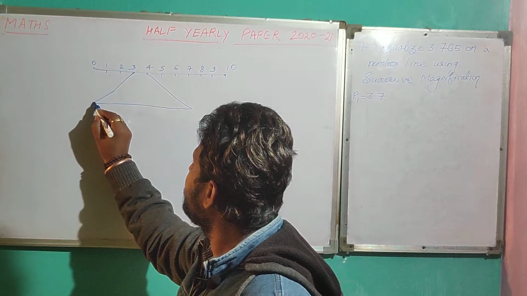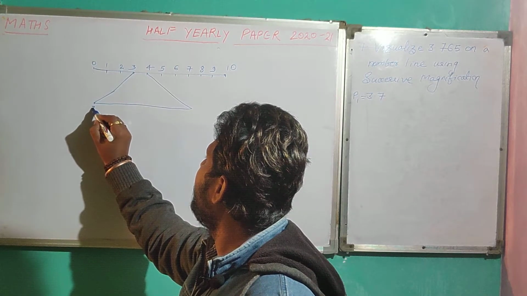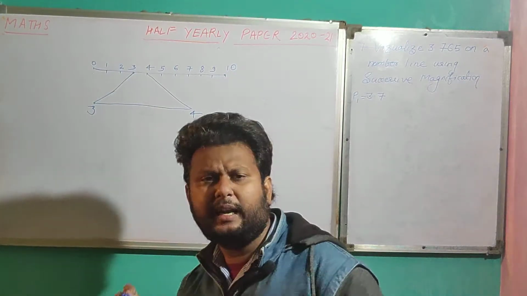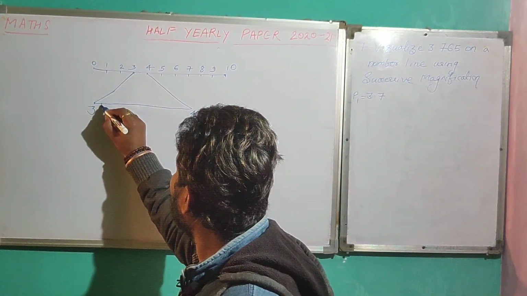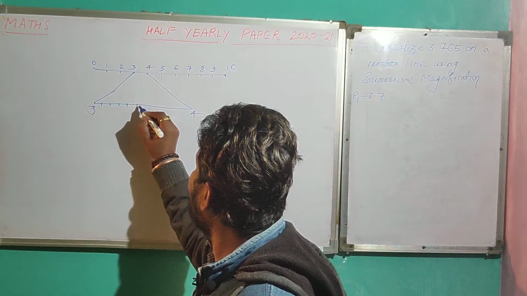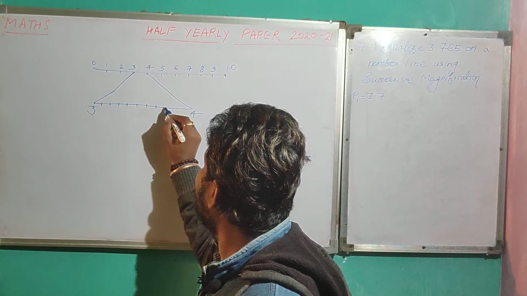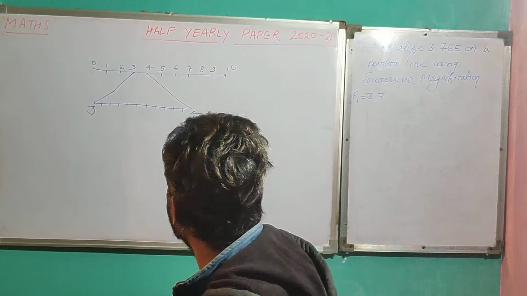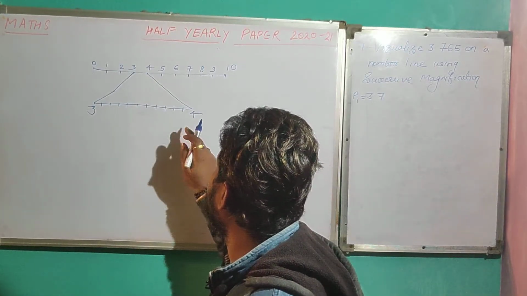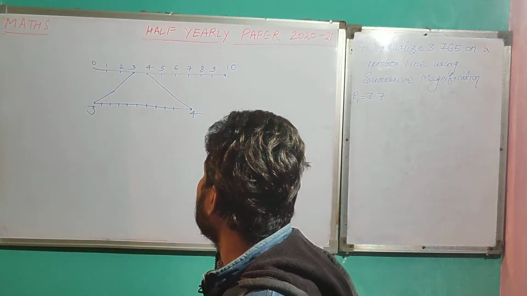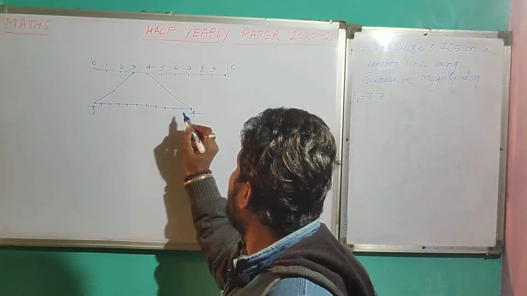This is point 3, and again divide this line into 10 equal parts. So 1, 2, 3, 4, 5, 6, 7, 8, 9, 10. Now we have to find point 3.7.